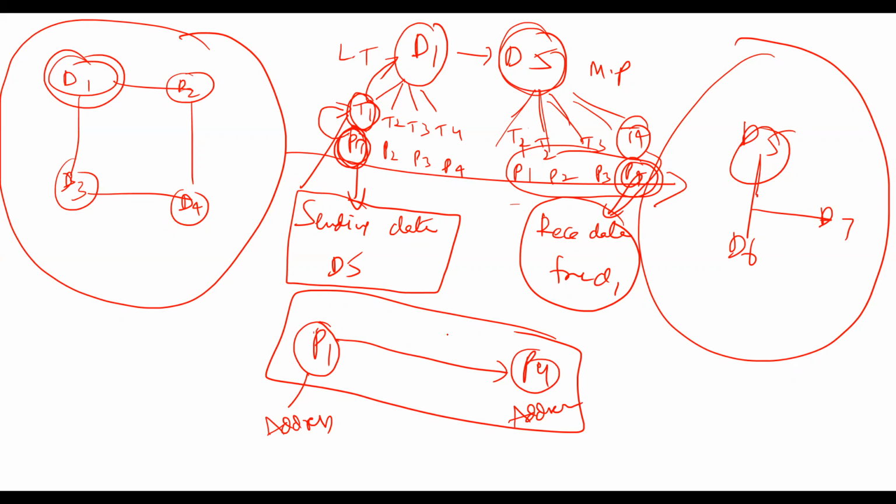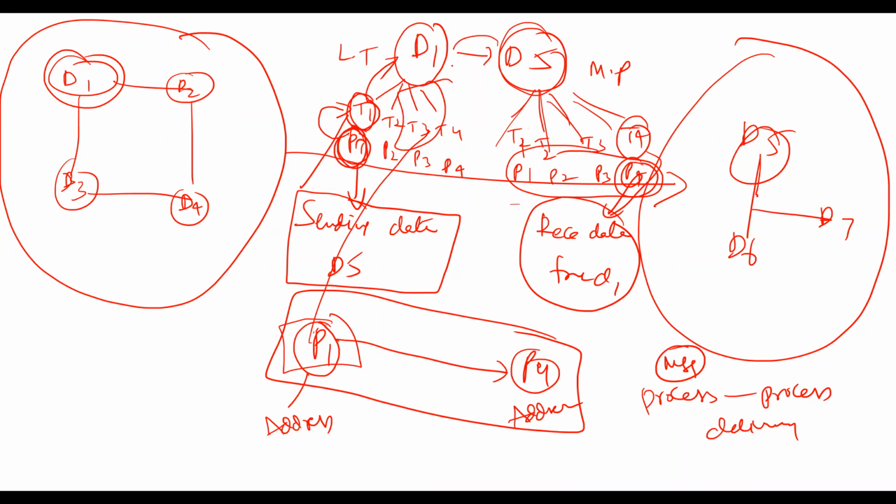So this is process to process delivery of the entire message. If the entire message is transmitted from process 1 of device 1 through this network to process 4 of device 5, this is called service point addressing.